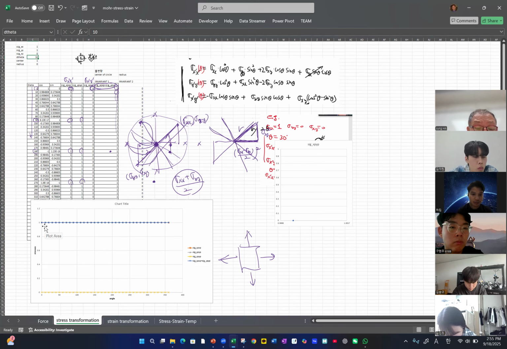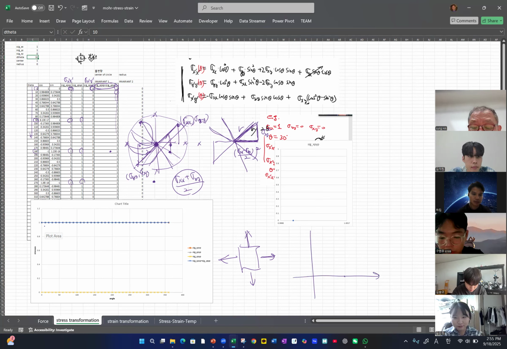So in this case, what does it mean? Going to the circle, this term and this term will be the same, and there is no sigma xy. Actually, in the Mohr circle, you simply have a point.